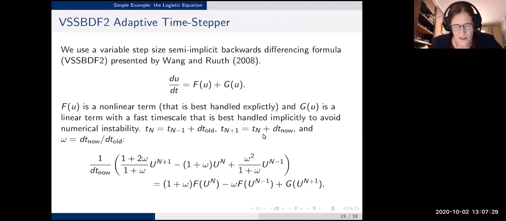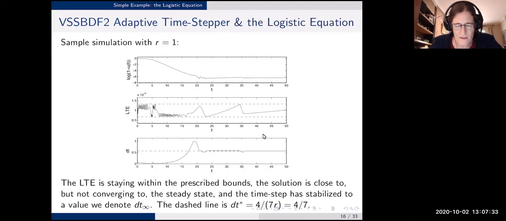Here's what happens if I use the adaptive time stepper on the logistic equation. So again, here's a function of time. Here are the time step sizes. The time step sizes grow, and then they level out.